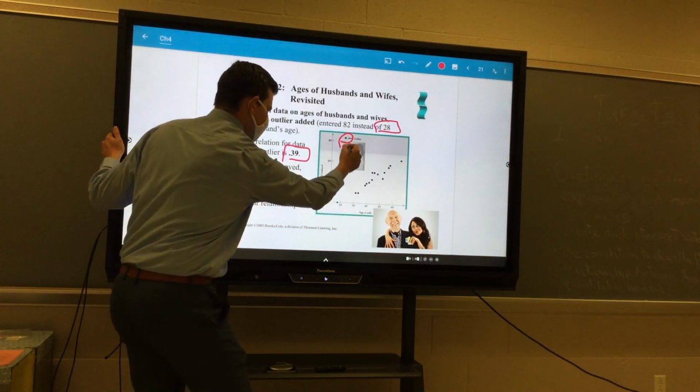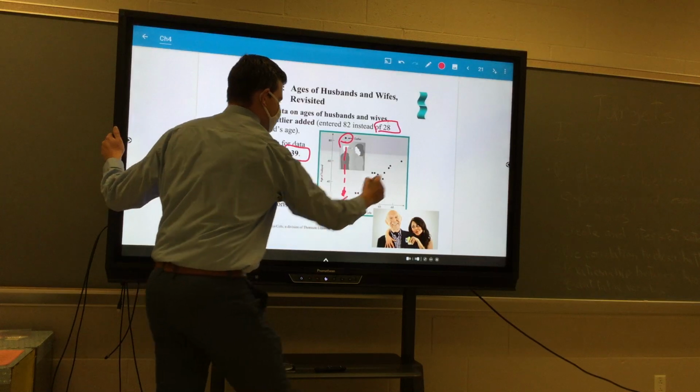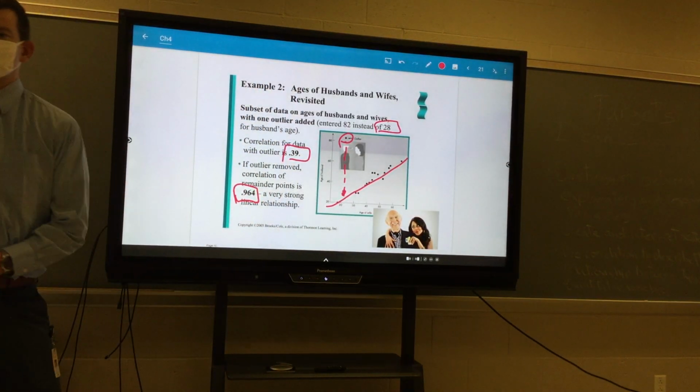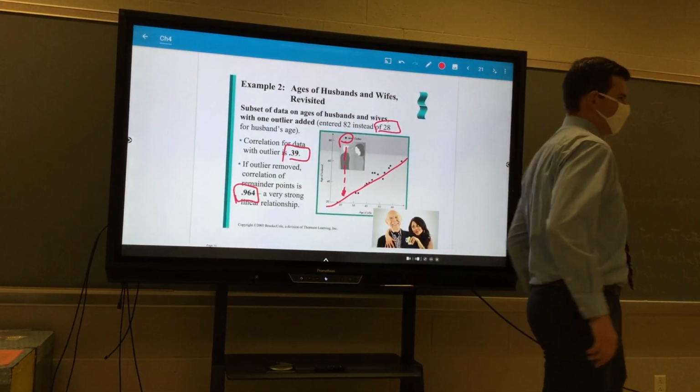Now it's 28, which brings it back down right around here, and it fits better with the rest of the data set, and that correlation corrects itself to about 0.964, a very, very strong positive correlation.